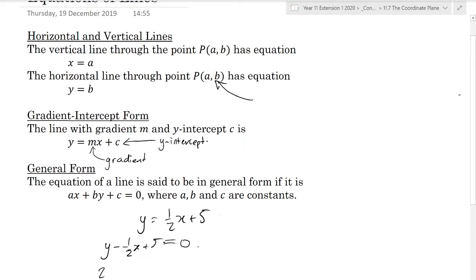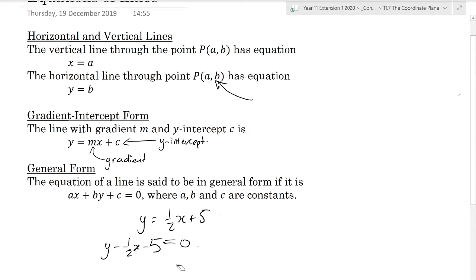So 2 times y is 2y, 2 times a half x is just x. That should be a minus 5, not a plus 5. Then 5 times 2 is -10, equal to 0 times 2, which is still 0. So the general form is just everything on one side and with no fractions.